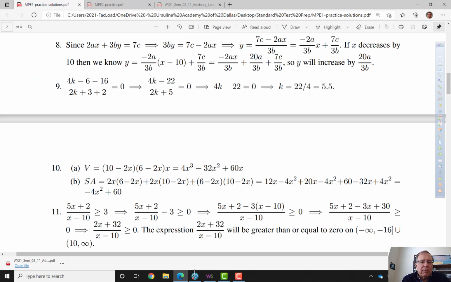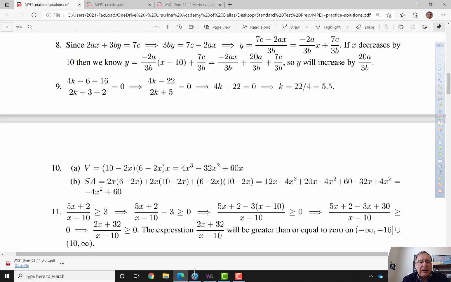So they solve this a little bit differently. They immediately subtracted 3 from both sides, got a common denominator, and consolidated this rational expression into this is greater than or equal to 0.